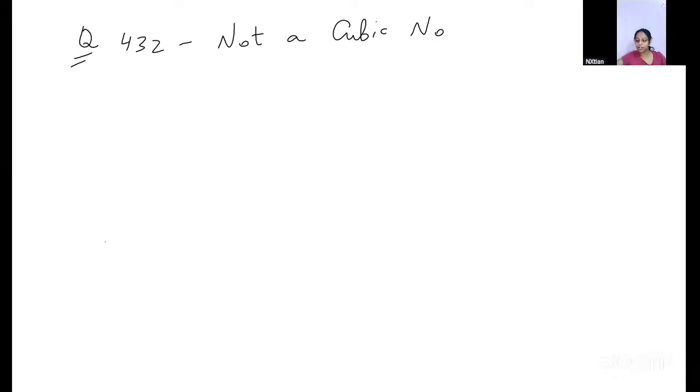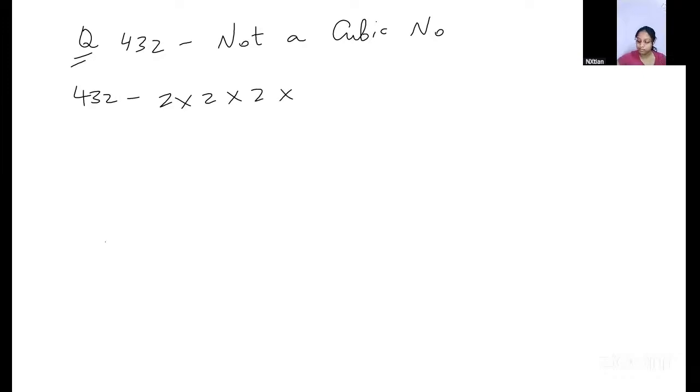Ma'am, I did it in my mind because I know cubes till 10, so I knew 432 is not one of those cubic numbers. Okay, Abraham. So I'm listing the factors of 432. Factors are 2 into 2 into 2.